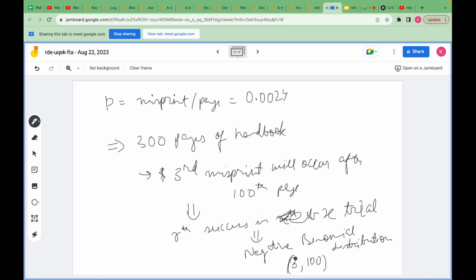We want the third misprint after the 100th page.